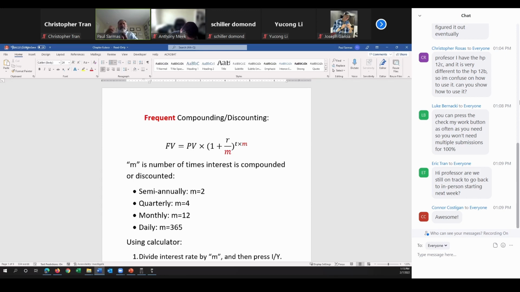You probably have heard in the news that the Federal Reserve is going to raise interest rates 3 or 4 times in the future.